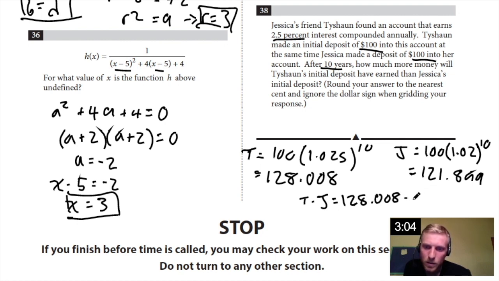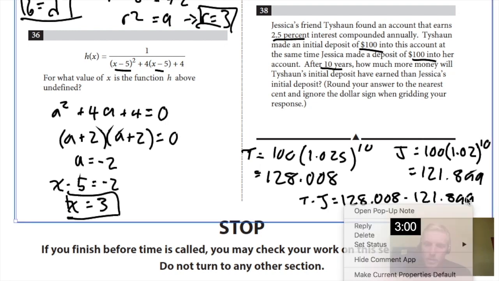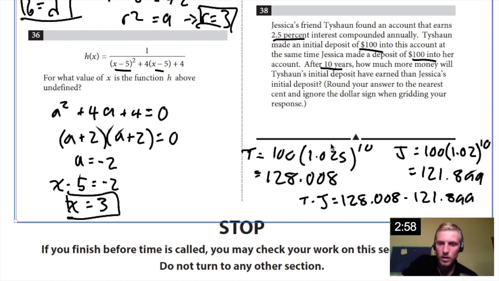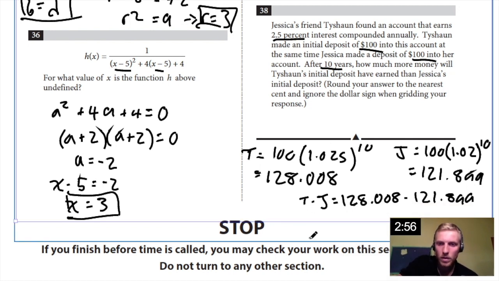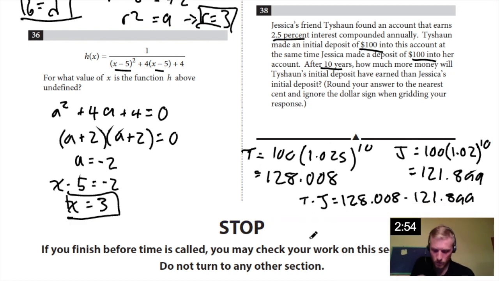So T minus J is equal to 128.008 minus 121.899.